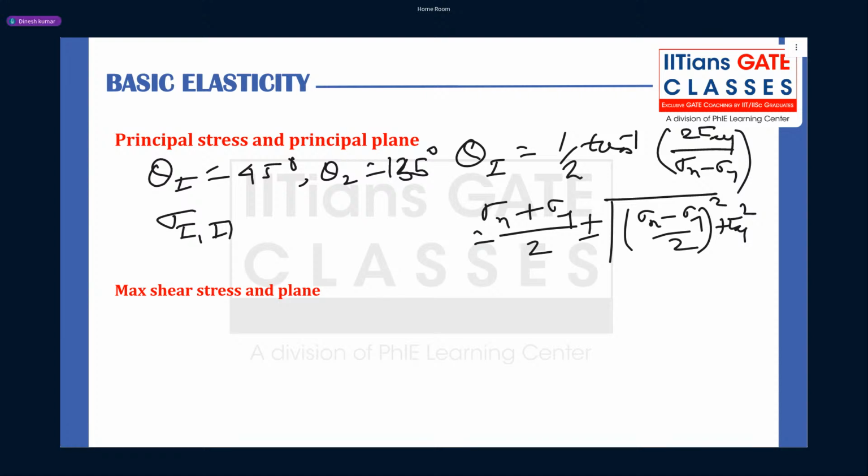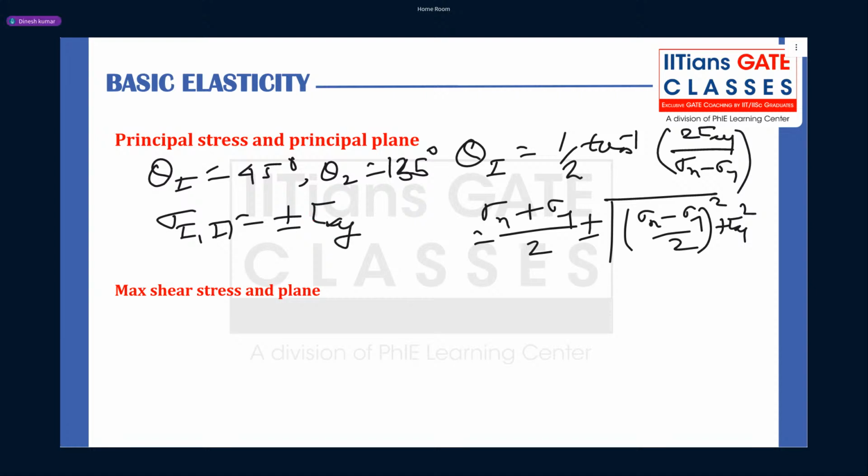From here, what will be your principal stresses? If you substitute sigma x and sigma y as 0, you will get plus minus tau xy.